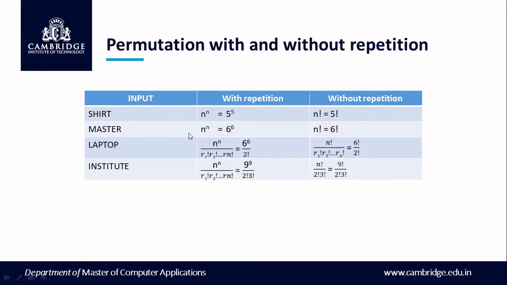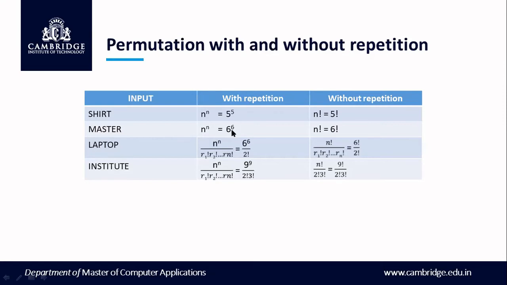But if repetition is allowed while selecting the arrangement, then there are 6 possible ways for the first alphabet to fill, 6 possible ways for the second alphabet, 6 possibilities for the third place, and similarly fourth, fifth, and sixth. Therefore, in general, n power n, that is 6 power 6 possible ways.